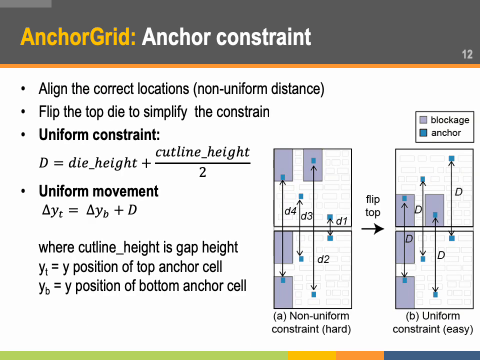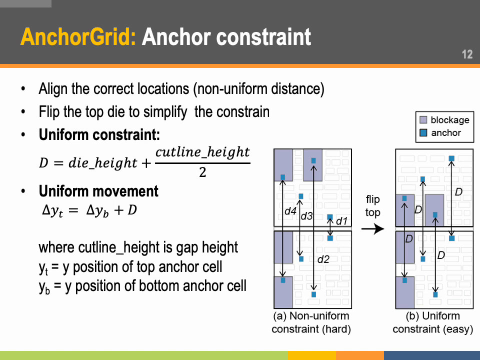The second constraint ensures the correct alignment of the anchor cell pairs. In face-to-face die stacking, the top die is flipped downward to integrate with the bottom die. However, the distance between the anchor cells in different pairs varies, making it difficult to enforce placement constraints.